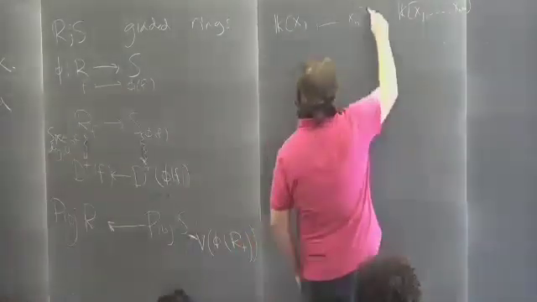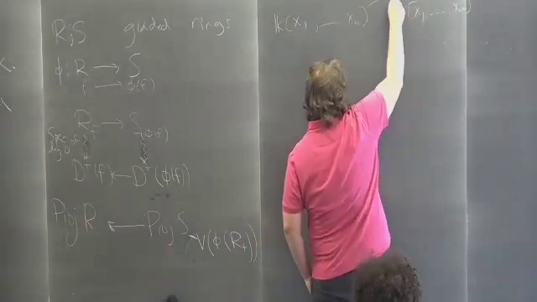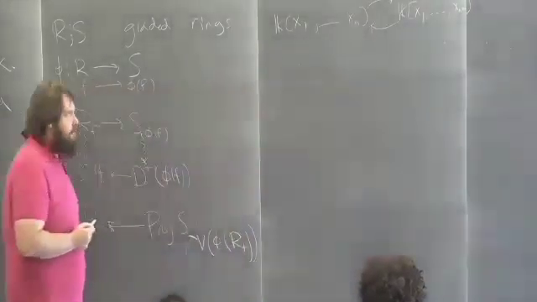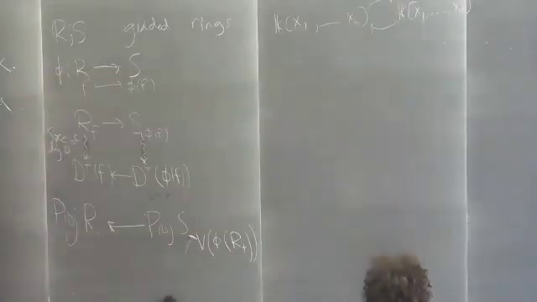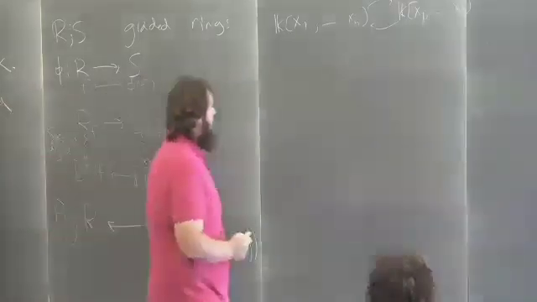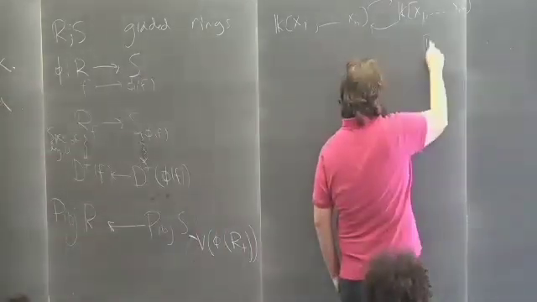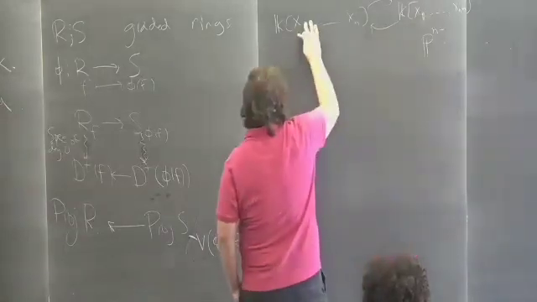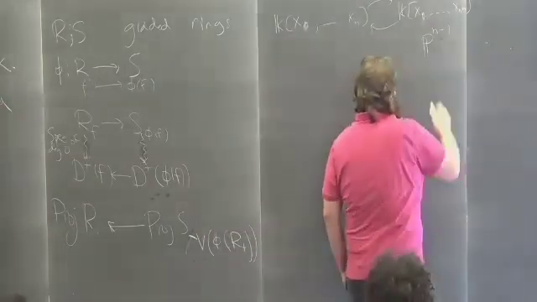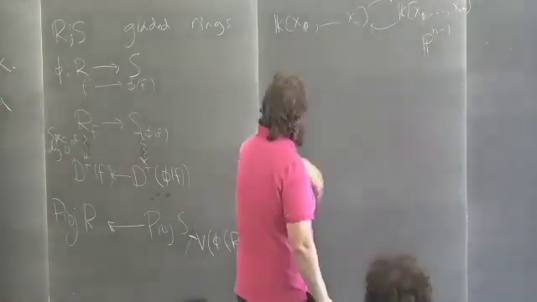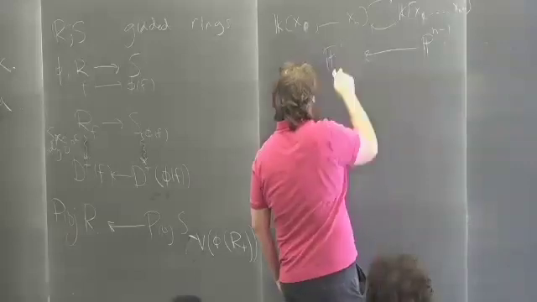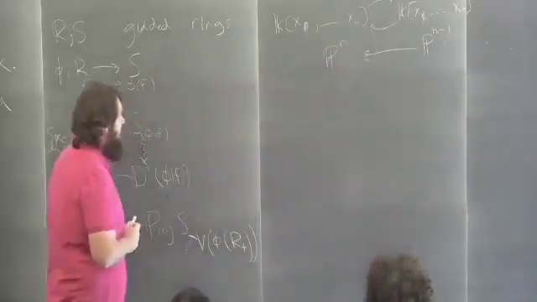I have a map that sets xn to 0, and I have a map that's just the obvious inclusion. If I do the first of those, setting xn to 0, well, here I have P^n. Let me start at x0, like you usually want to with projective space. So here I have P^(n-1). This first map gives me a map this way, P^(n-1) into P^n.